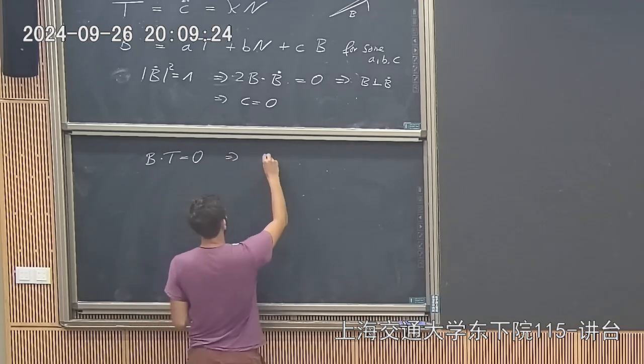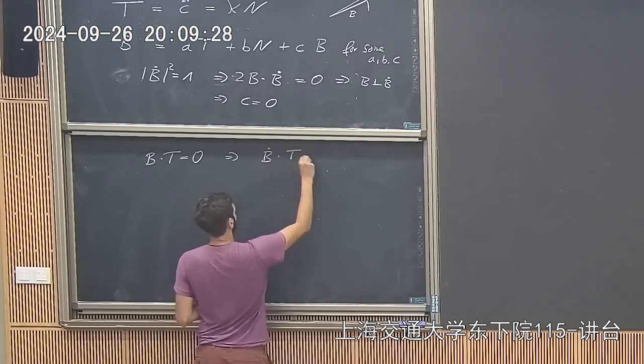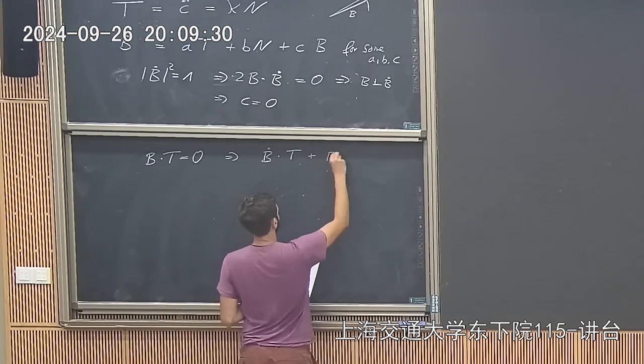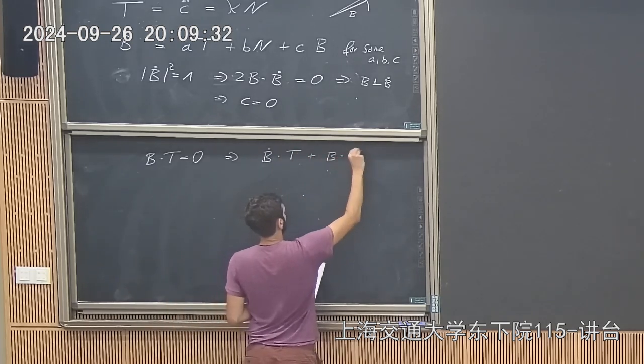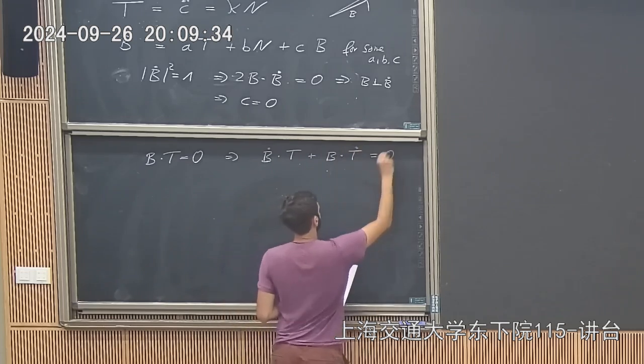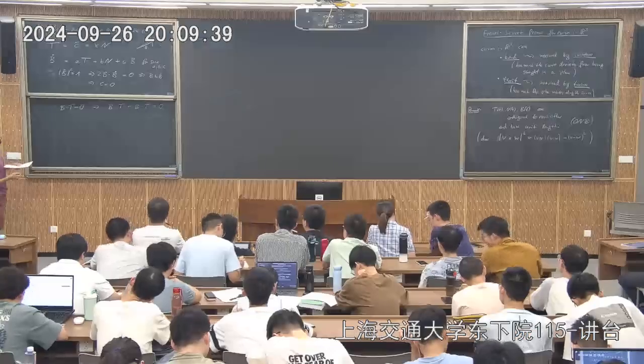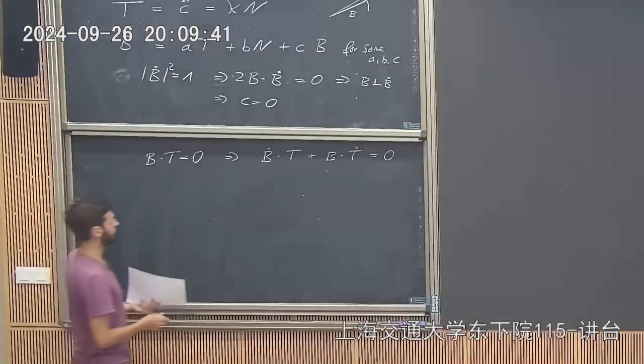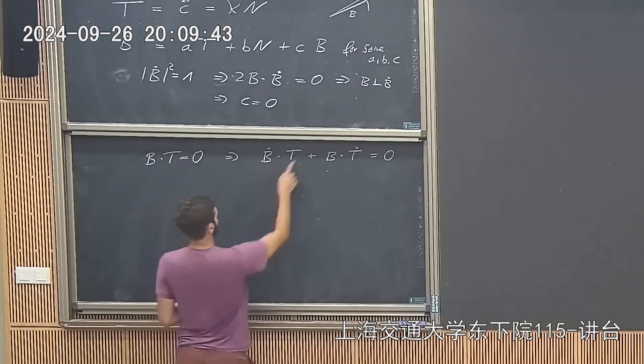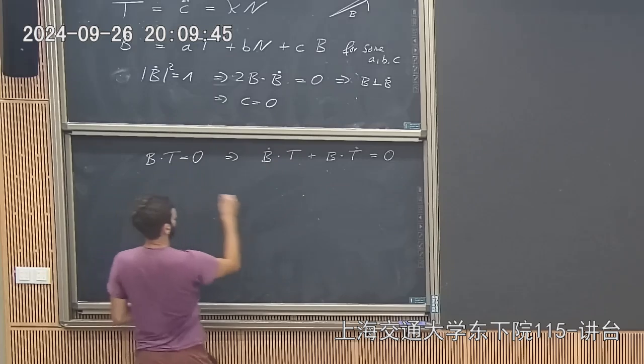you take the time derivative of this. By the chain rule, you get a formula where you take the time derivative of each of these elements. This one is something we would like to calculate.